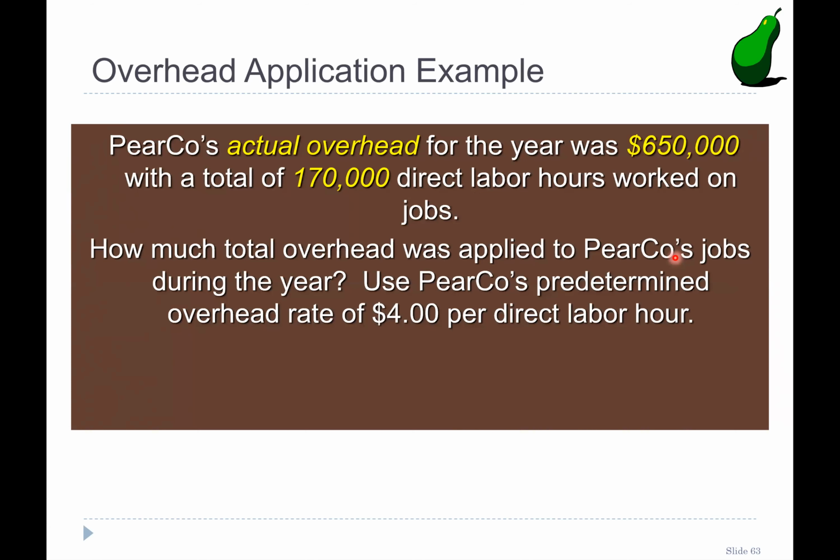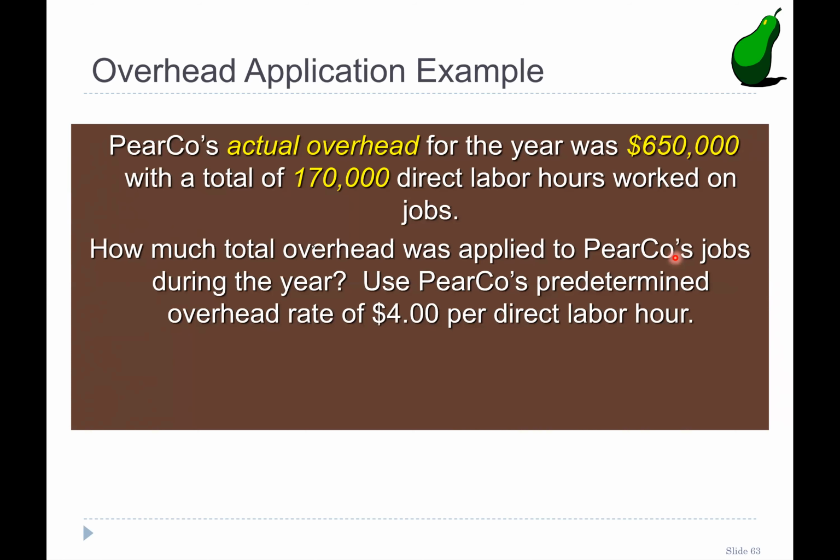How much overhead was applied to PeerCo's jobs during the year using the predetermined overhead rate? Recall our discussion regarding the predetermined overhead rate. If we want to compare the results with the 170,000 direct labor hours, what would be our estimation based on 170,000 direct labor hours? We just multiply 4, which is the predetermined overhead rate, with the 170,000 direct labor hours.